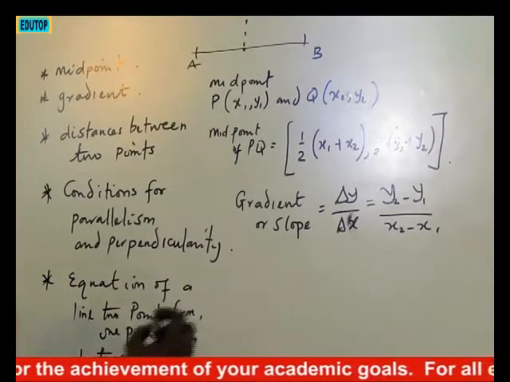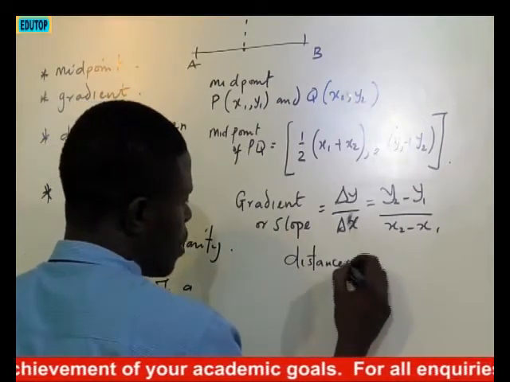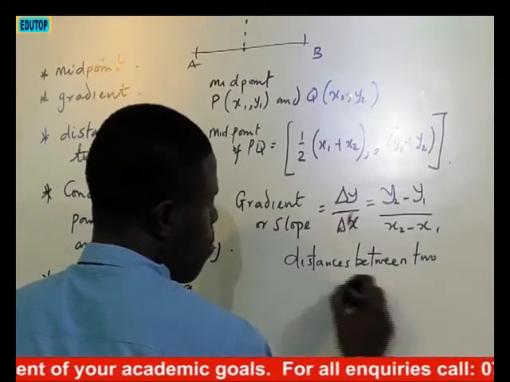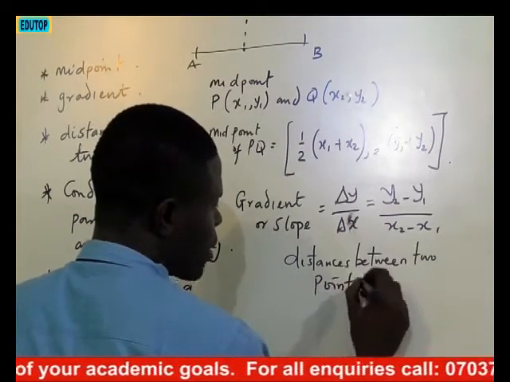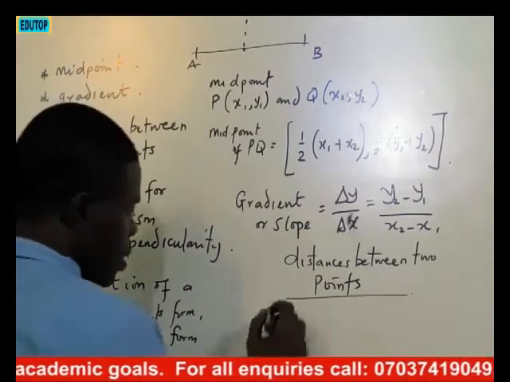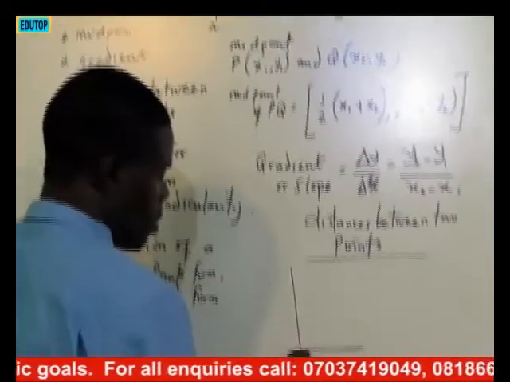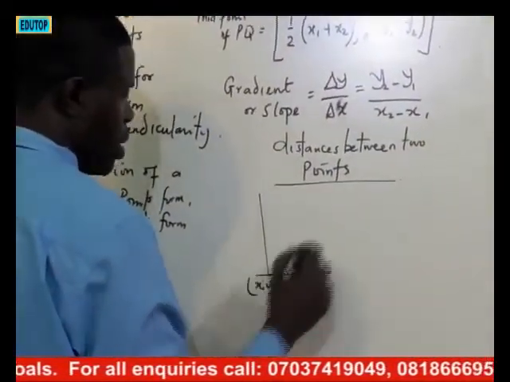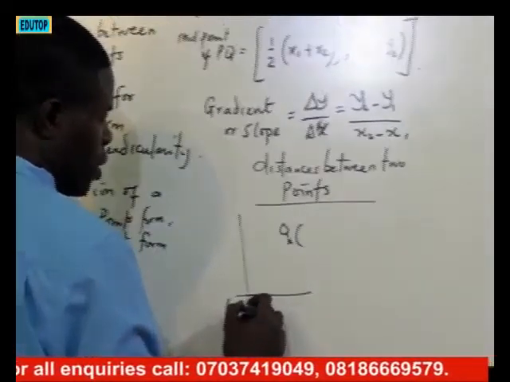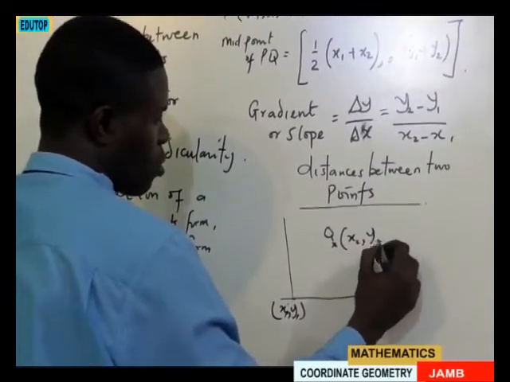Then the next one is distance between 2 points. If you have to calculate the distance between 2 points, let's say you have a point here, P, and you have another one here, Q. This one is x1 comma y1, and this is x2 comma y2.